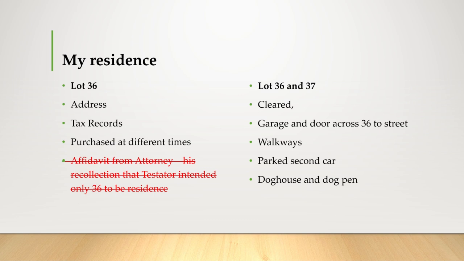Well, that's not so ambiguous, except for when we try to carry out this will, the question becomes, did my residence mean lot 36 or lot 36 and 37? And the attorney wants to say it means only 36, but that's the limitation. We're not going to listen to someone getting on the stand and telling us what the testator intended.